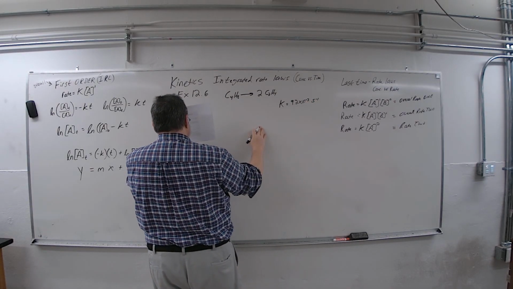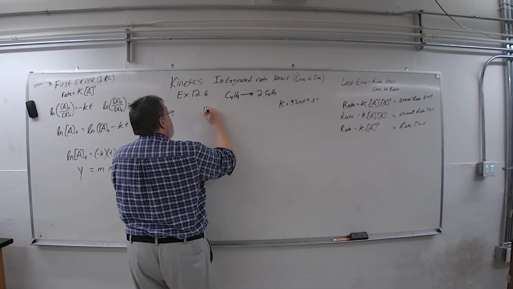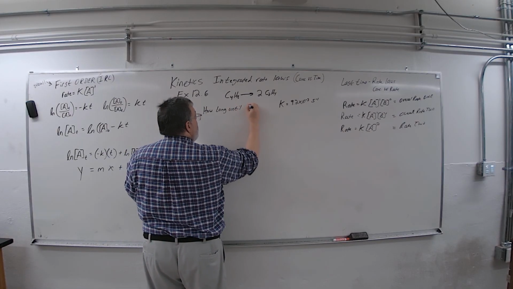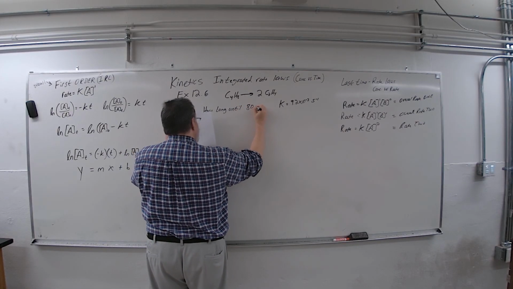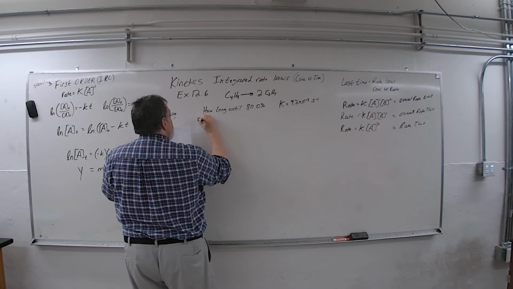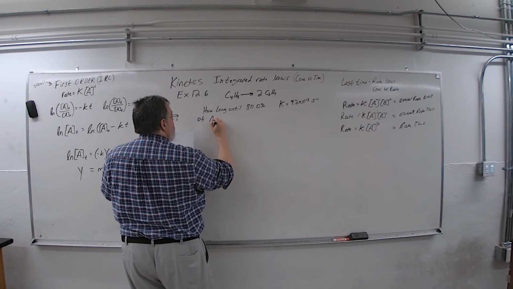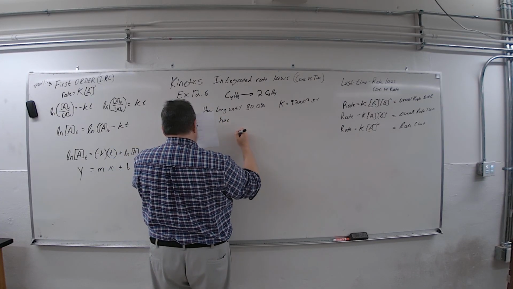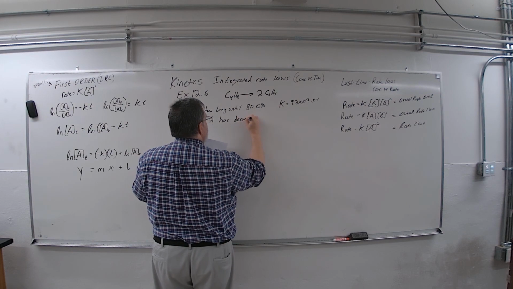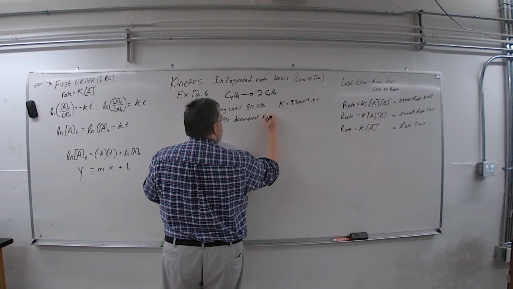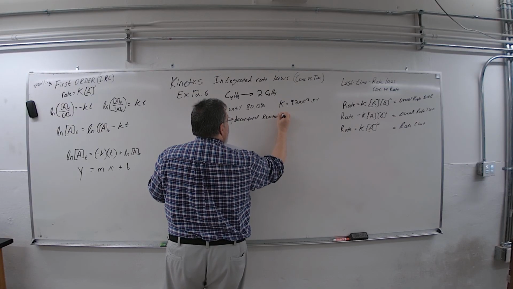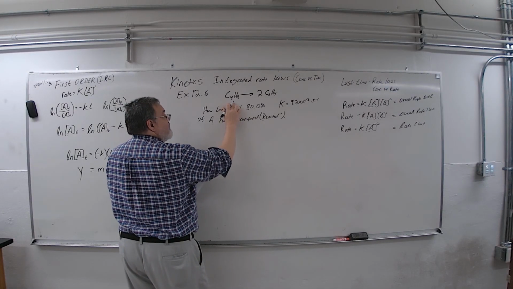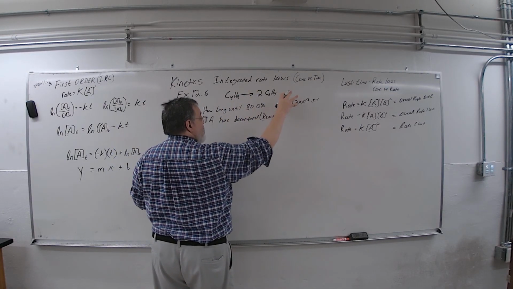It gives you that, and then it asks how long for 80% of A to have disappeared and gone over here.